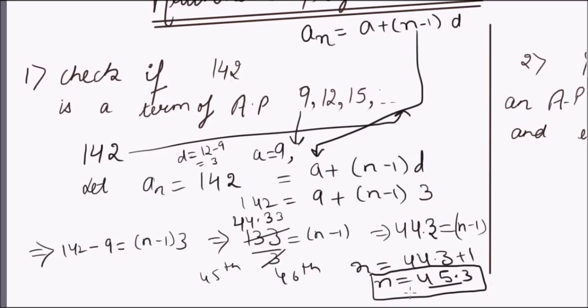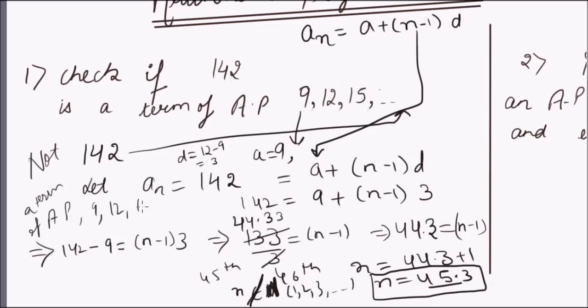Since this position n is not a natural number, where this capital N denotes a set of natural numbers, that is 1, 2, 3 and so on. Therefore, the given number 142 is not a term of AP 9, 12, 15.